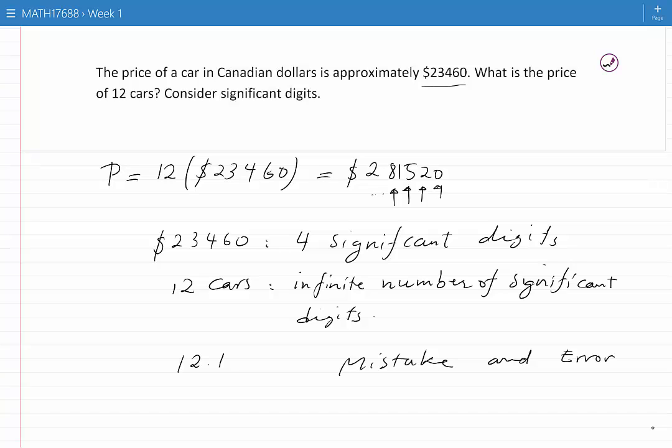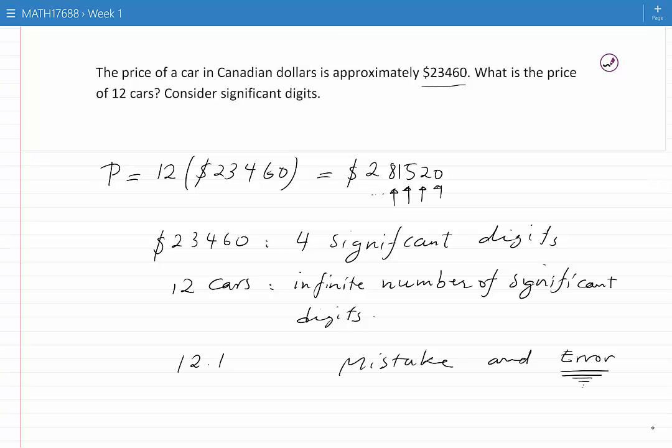The concept of significant digits considers the concept of error, which is something in a measurement. For example, the length of a rod could be 12.1 inches or 12.15 inches, depending on what measuring device you use. But the number of cars can never be 12.1. It's either 12 or 13 or 11.